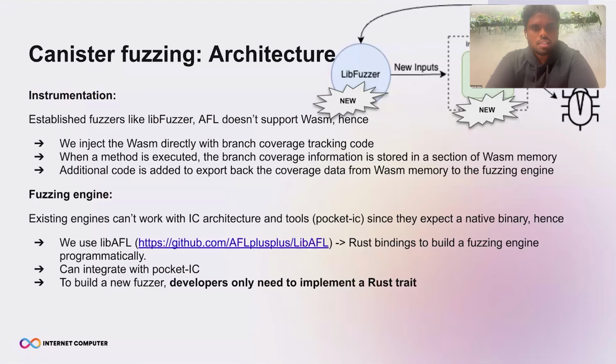The existing fuzzing engines can't work on the IC architecture, so you need some way of building this yourself. We use LibAFL, which provides Rust bindings to build a fuzzing engine programmatically, and it can integrate with PocketIC. Currently, to build a new fuzzer, developers only need to implement a Rust trait.